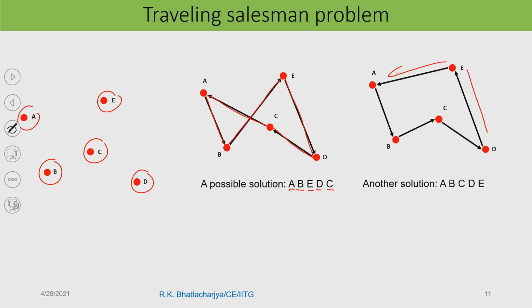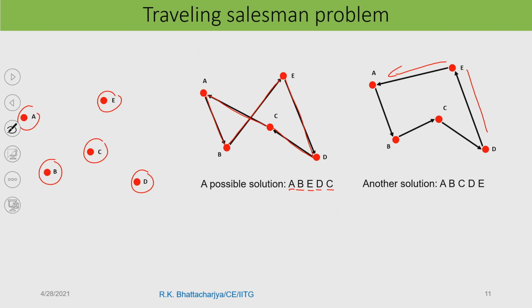Whether from A you are coming to B or coming to C, and from C whether you are coming to B or coming to D, something like that. You need to find out a network, or a route, which will give you an optimal route, and in this case you are minimizing the time.